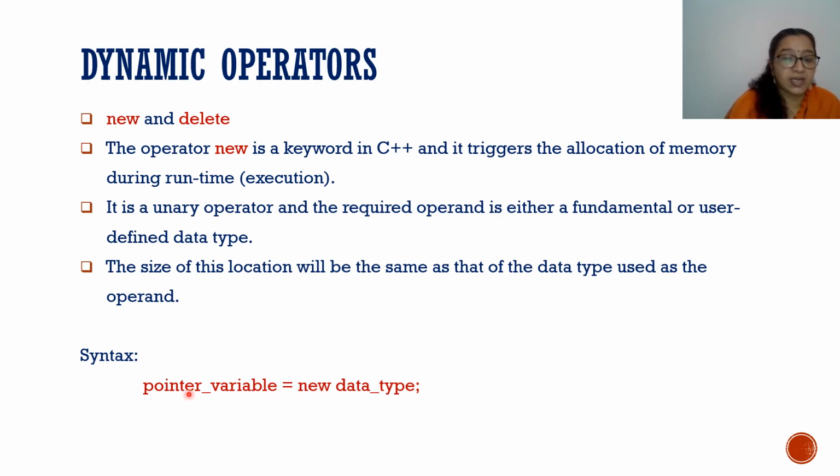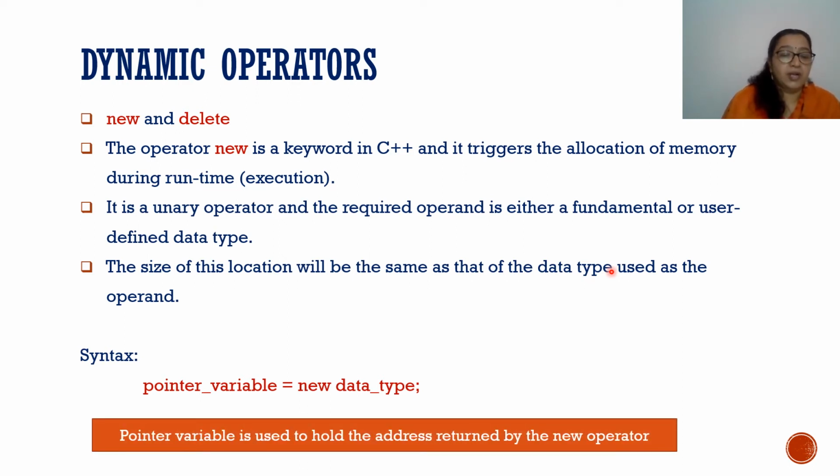So through this pointer we'll get a memory allocation, and we can point to it with this pointer variable. And this one is a unary operator, and the required operand is either a fundamental or derived or user defined data type. And the size of this location will be the same as that of the data type. Clear?